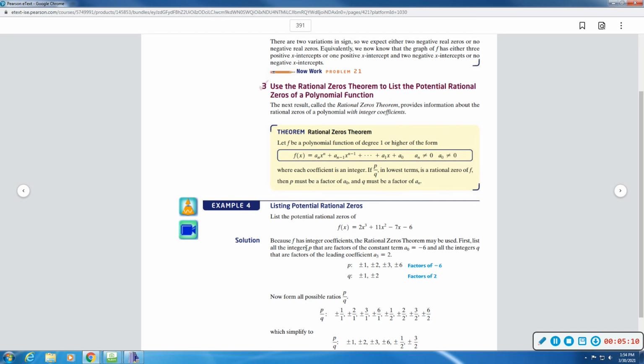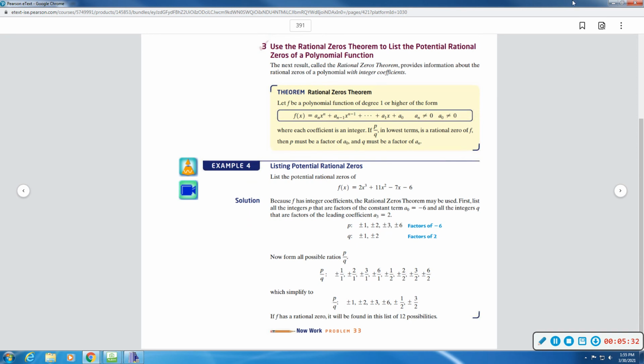First, list the integers of P. So I guess they do it in different order. They have it P over Q, and they're calling P the factors of -6. So I flip-flop them. This is P, this one is Q. So we do P divided by Q. Okay, so this is it on page 391.